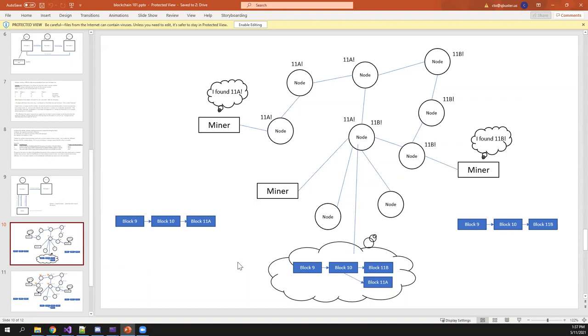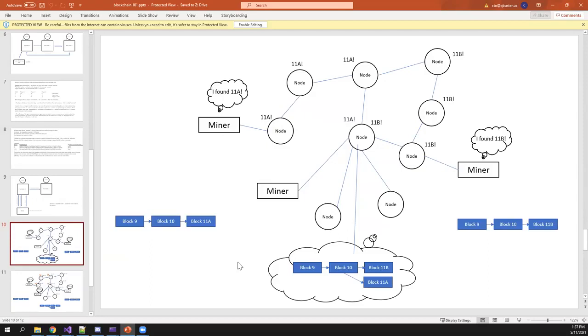Okay, and consensus means narrowing the hash or the block. It means that the overall system agrees on which chain is the longest.